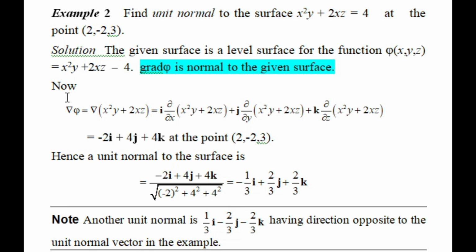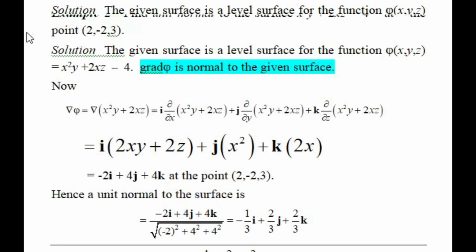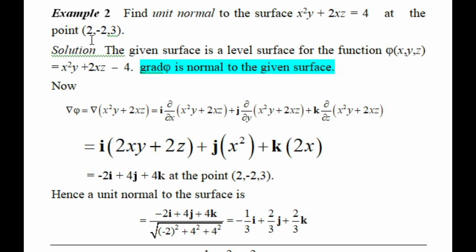So if we find the partial derivatives, we obtain (2xy plus 2z) i plus x square j plus 2x k. Now putting x is equal to 2, y equal to negative 2, z is equal to 3, this simplifies to negative 2i plus 4j plus 4k. Okay, this is a vector.